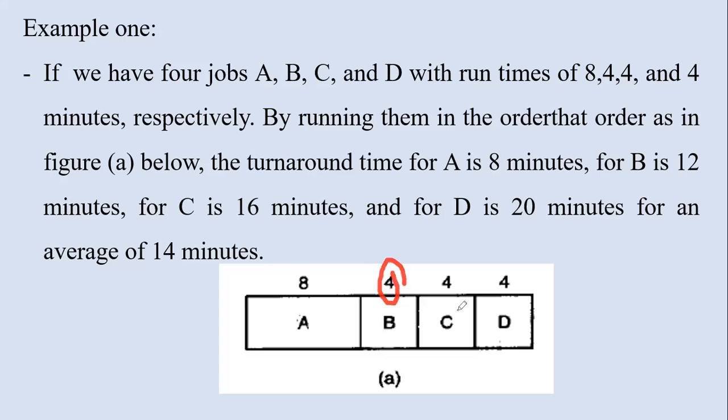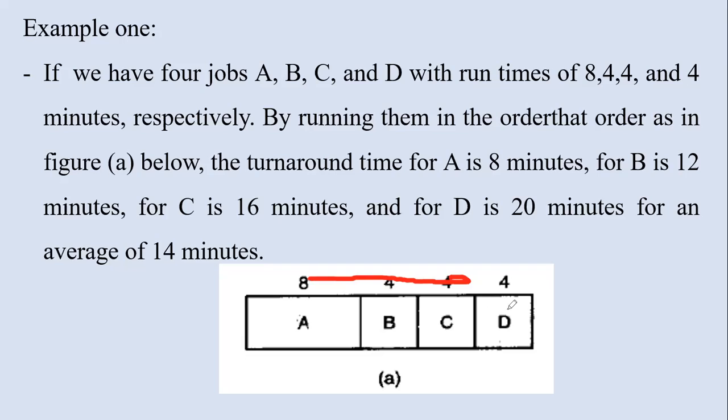Then process C will start being processed once A and B are through, and therefore it will take 4. That means it will complete at time 8 plus 4 plus 4, that is 16.